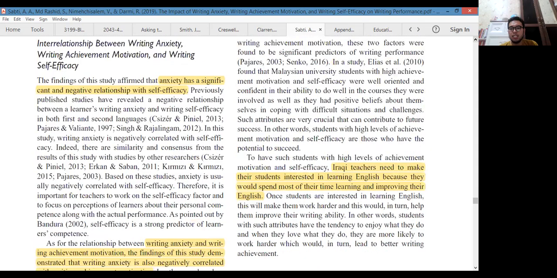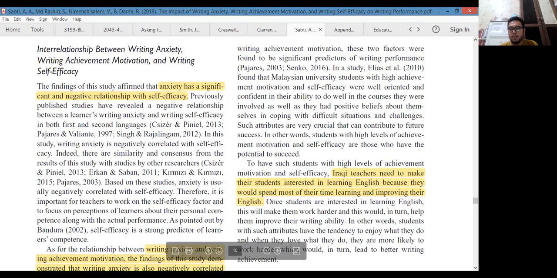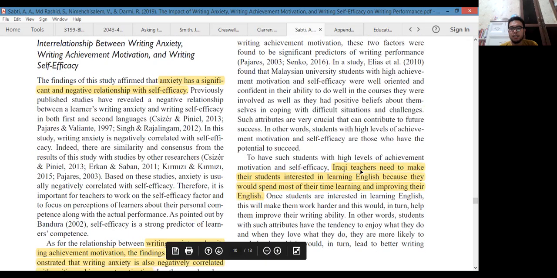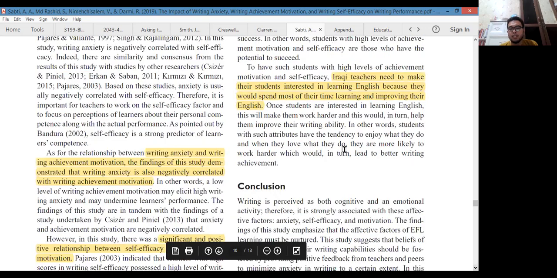So the study has a significance, that Iraqi teachers need to make their students interested in learning English because they would spend most of their time learning and improving their English. So the problem here is students' anxiety in learning English, which can influence their writing performance.